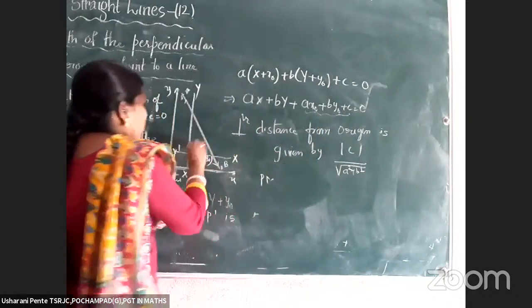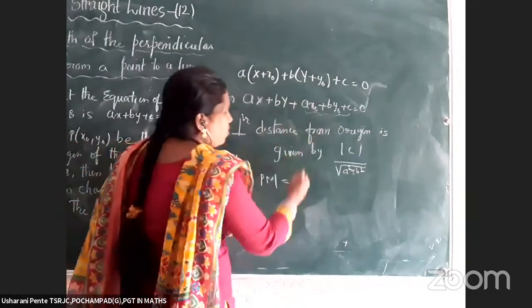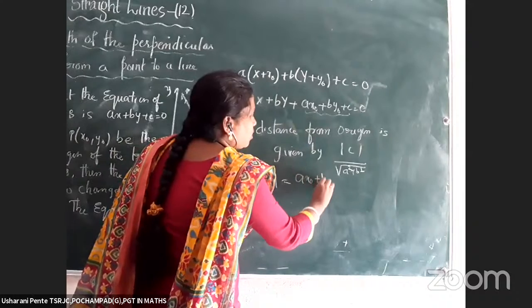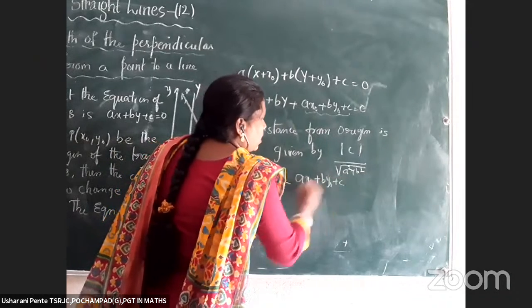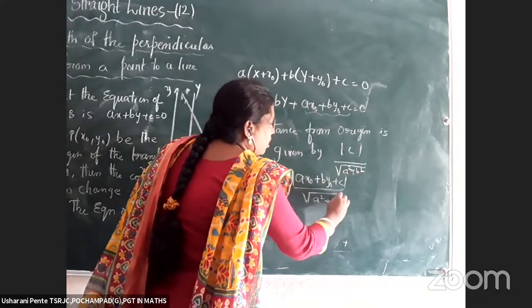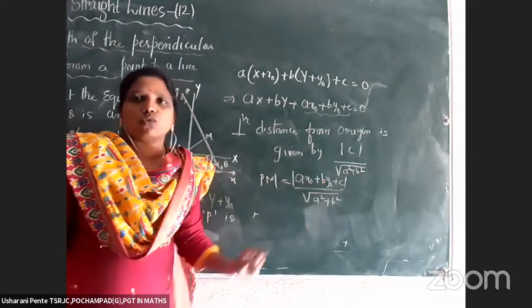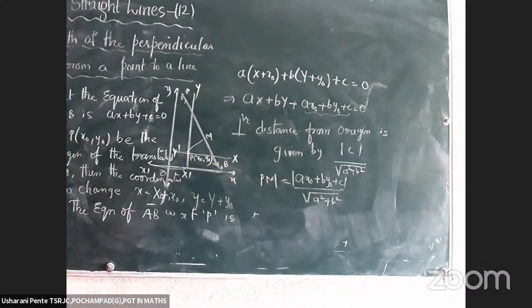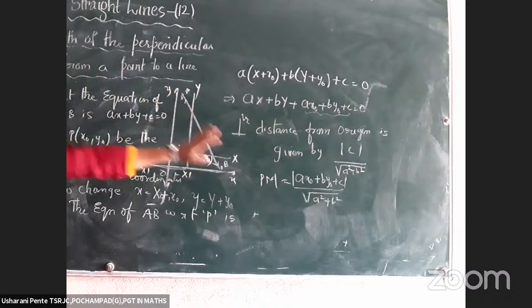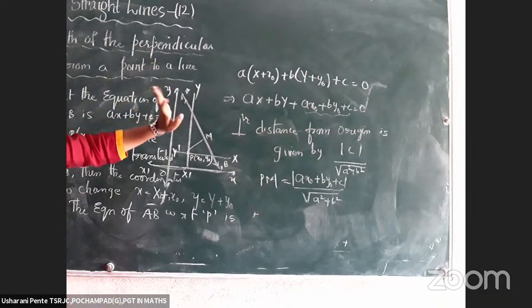Here PM is the perpendicular. Therefore, PM is equal to mod of A x0 plus B y0 plus C by under root of A square plus B square. That is the perpendicular distance from a point to a line. This is how we find the length of the perpendicular from a point to a line.